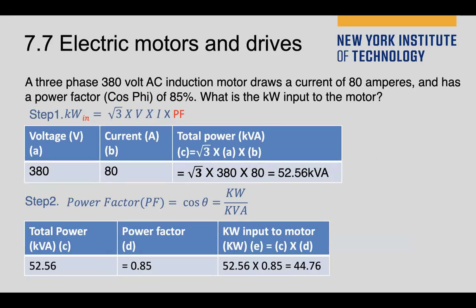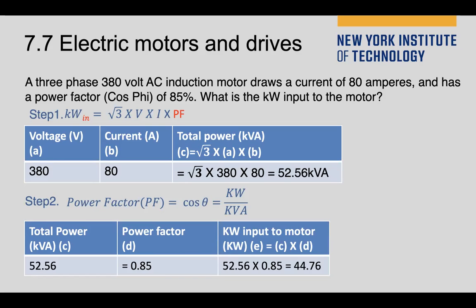So 7.7. That is the same question as the power factor, but it is quite similar to what we have done already. A three-phase 380 volt AC induction motor draws a current of 80 amp and has a power factor cosine theta of 95%.